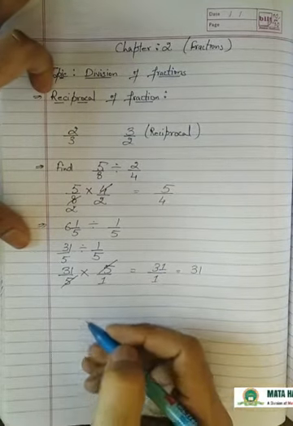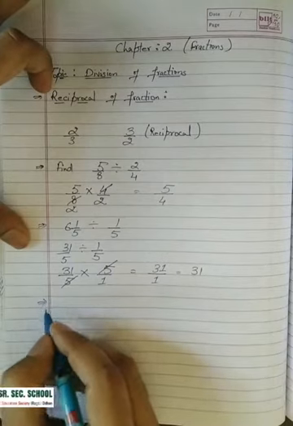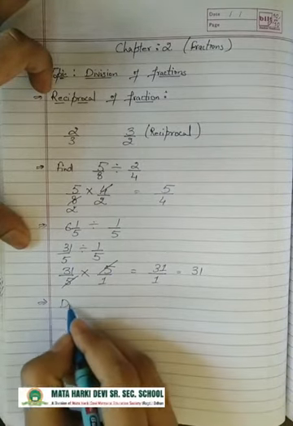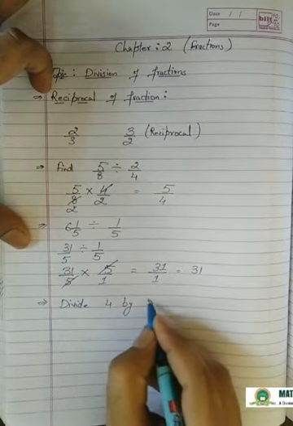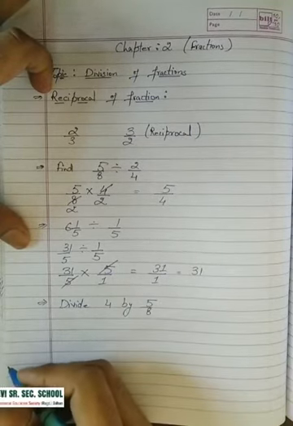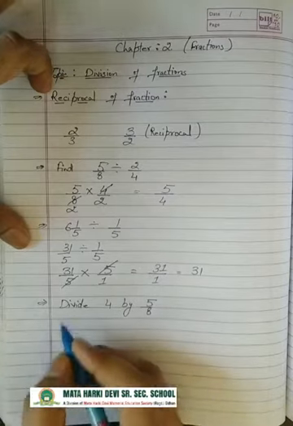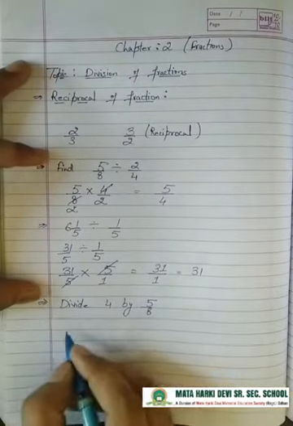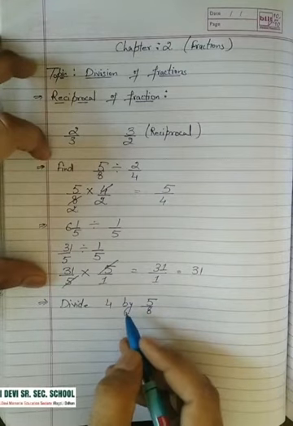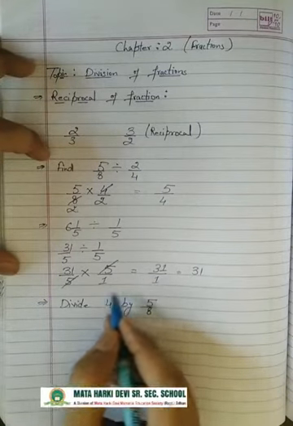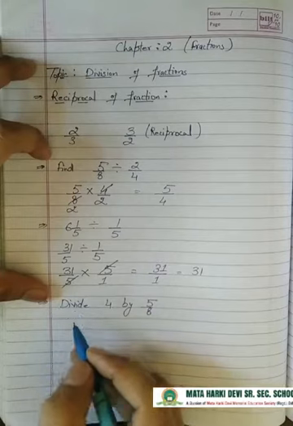The question can also be asked, for example, like divide 4 by 5 by 8. Okay, so you just have to add the division sign in place of 'by', because the question is about division.